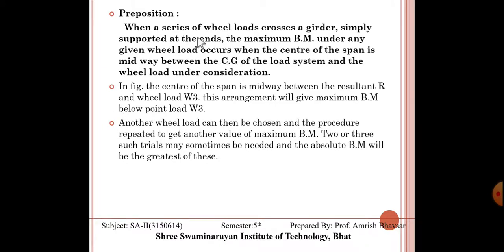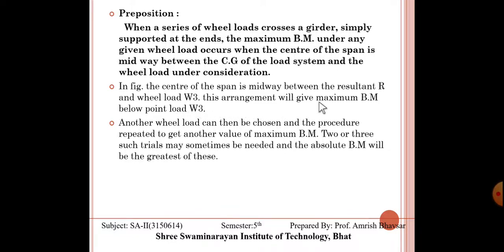Now, when a series of wheel loads crosses a girder, that is, a beam simply supported at the ends, the maximum bending moment under any given wheel load occurs when the center of the span is midway between the CG of the load system and the wheel load under consideration. In the figure, the center of the span is midway between the resultant R and the wheel load W3.